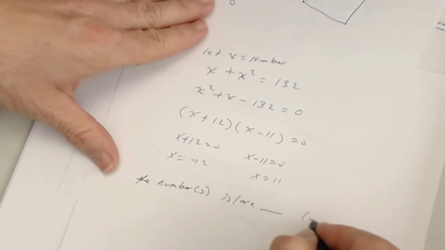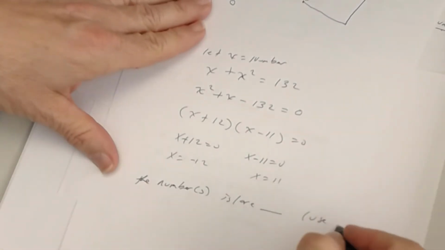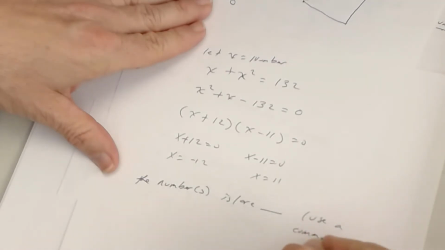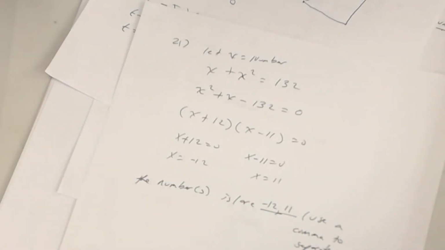And then it says this, use a comma to separate answers as needed. So in the blank, you're going to say negative 12, comma what? 11. You're not going to put just 11 because you're going to get 0 points for it. It's going to be negative 12, comma 11.